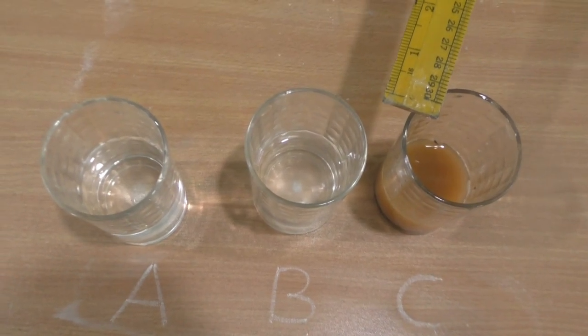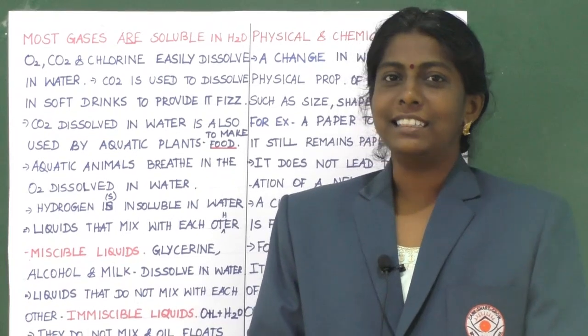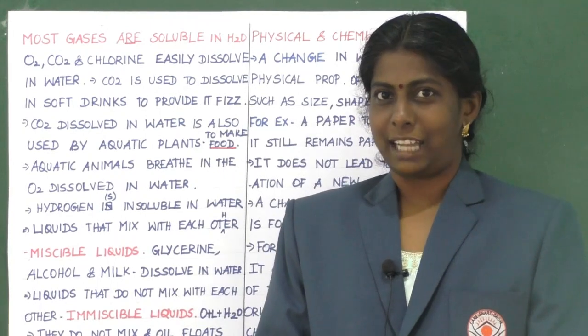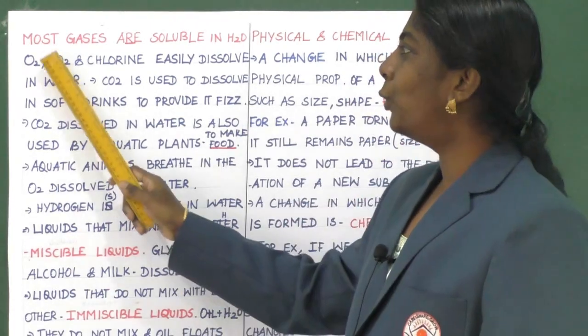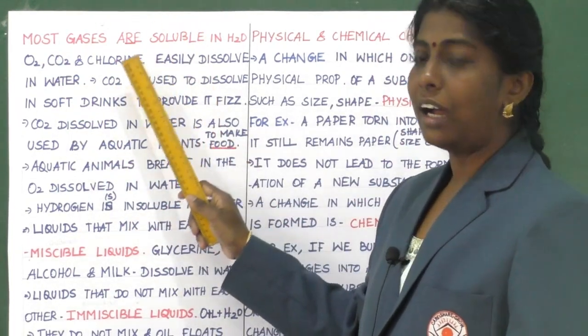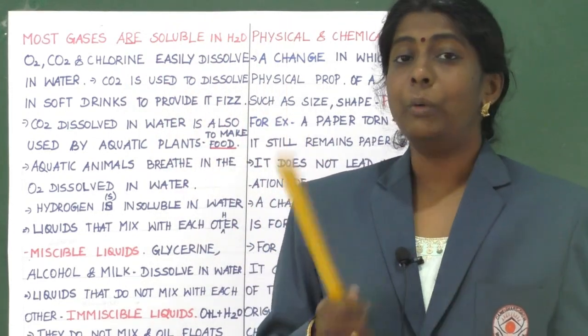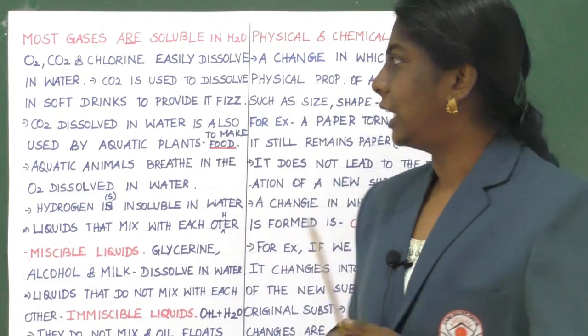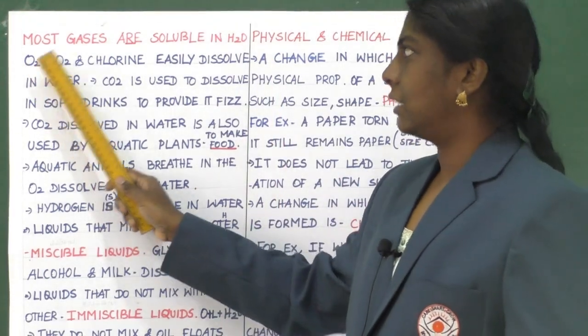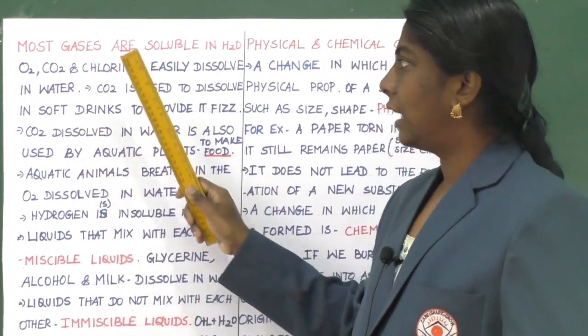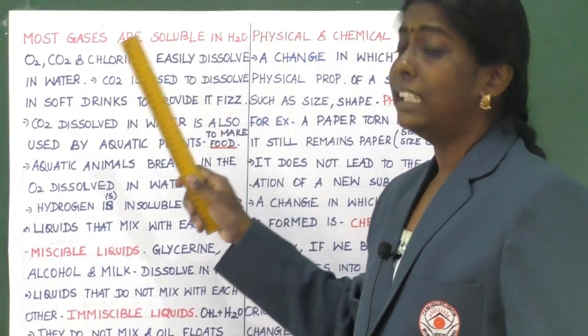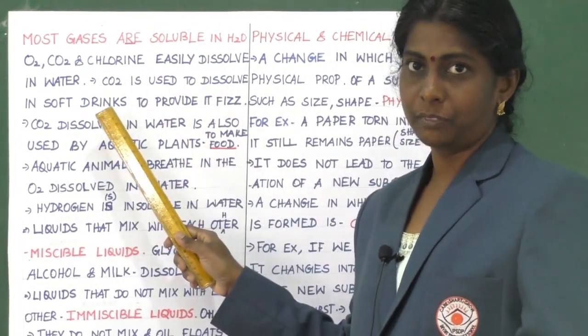Clear, children? Yes. Now let us learn about the next part of the chapter, that is, most gases are soluble in water. So how they are soluble, that we are going to learn. Oxygen, carbon dioxide and chlorine easily dissolve in water.